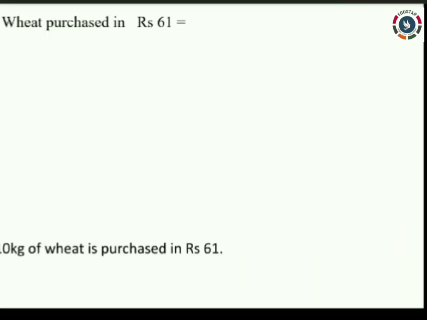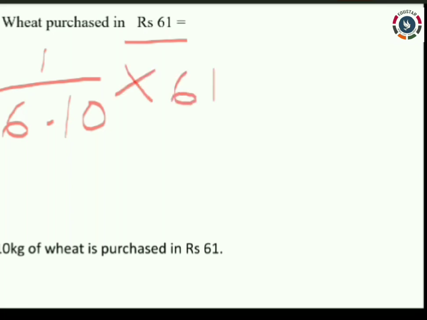Now you have to find the wheat purchased for rupees 61. Already we have found for rupees 1, right? For rupees 1 you have purchased 1 by 6.10 amount of wheat, right? Now you have to find it for 61 rupees. So you have to multiply it with 61. So 61 divided by 6.10, right?